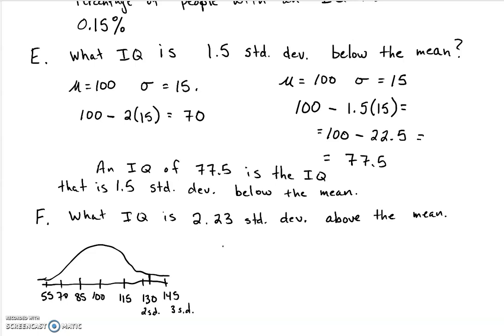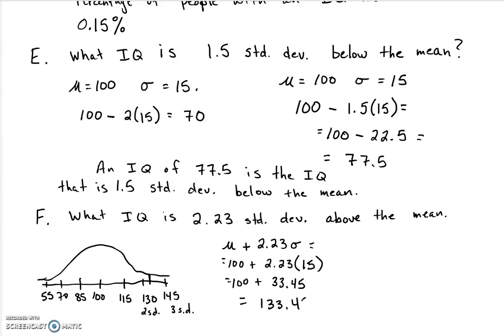So again, we take the mean and we're going to add, in this case, 2.23 standard deviations. So that's 100 plus 2.23 times 15. So that's 100 plus 33.45. And so that means 133.45.